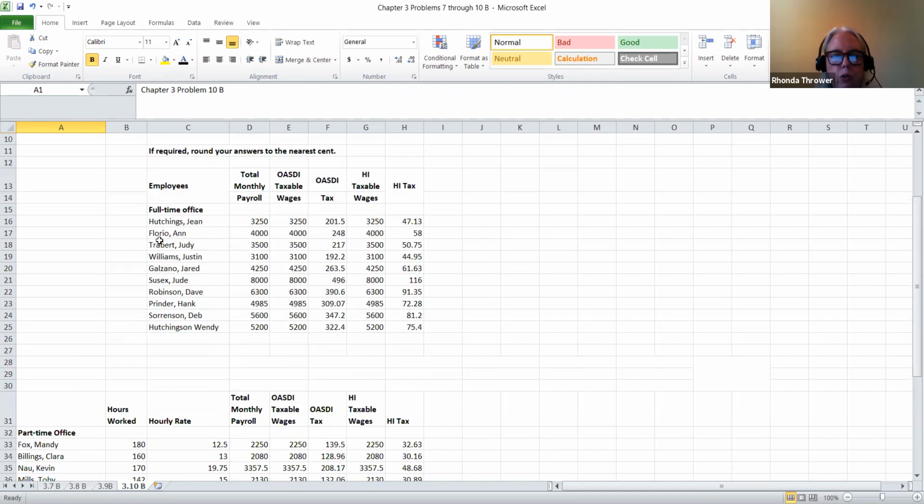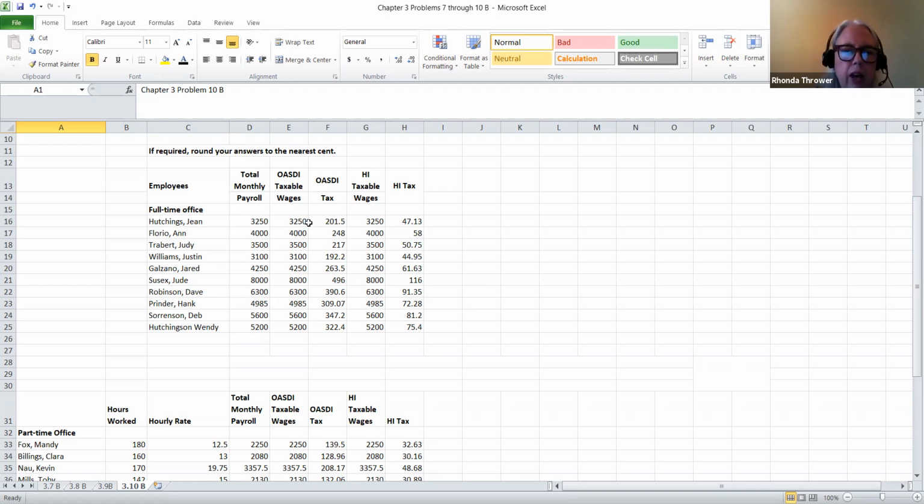So there's two types of employees that we're looking at, full-time and part-time. These are our full-time employees, and this was the monthly amount of the payroll that was given. What you have to determine is how many of those monthly wages are subject to OASDI tax.